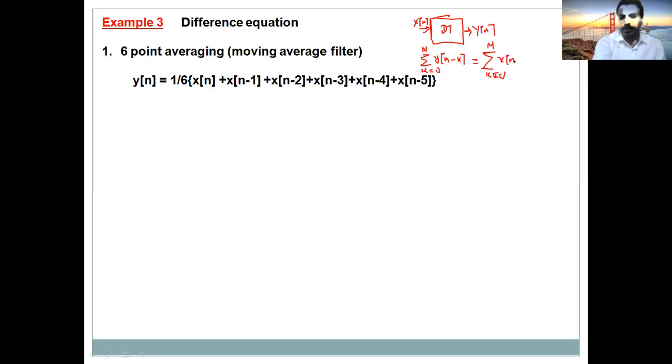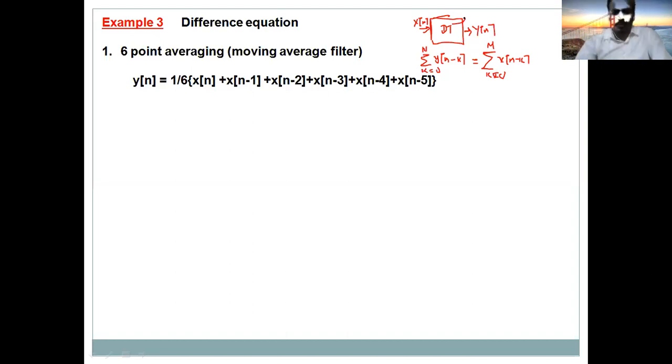So x of n minus k, where k can be 0 up to M. So this is the general form of difference equation we have discussed last time. Any discrete time system is represented by the equation called difference equation. So today we'll see some examples to give you an idea about this difference equation.